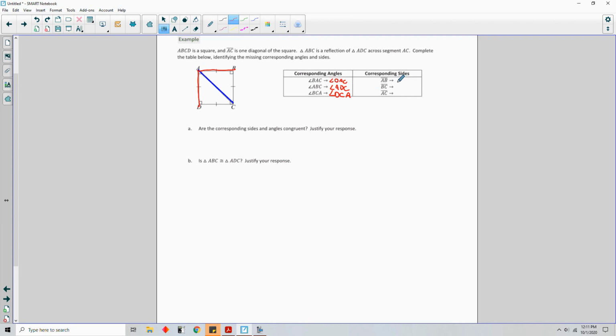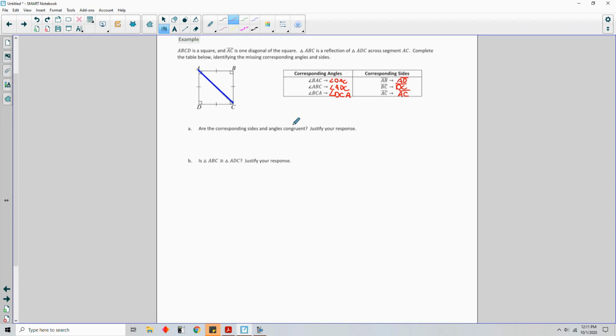That AB is going to become segment AD. Okay? And then BC, which is here, folded would end up DC. And then finally, AC. Well, AC is the line of reflection. We were told that. Triangle ABC's reflection is across segment AC. So if AC is the line of reflection, you fold it and it's still itself. So AC gets folded onto itself.